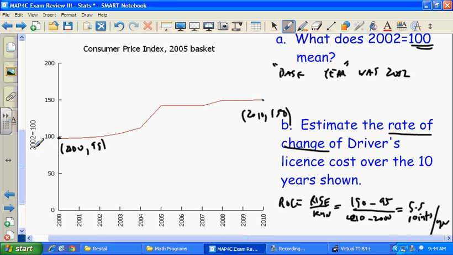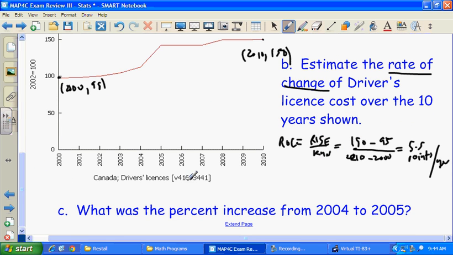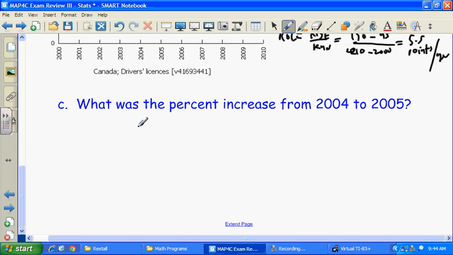Okay, what else we got? Easy peasy. What was the percent increase? Well, this is what these indexes, the indices, are all about. What was the percent increase from 2004 to 2005? So we saw in 2004 it was there. 2005 it was there. What's the percent increase in there? That's for question C. And remember, there's a little formula for these percent increases, and it's new minus old over old, right? It's not quite rate of change, new minus old over old.